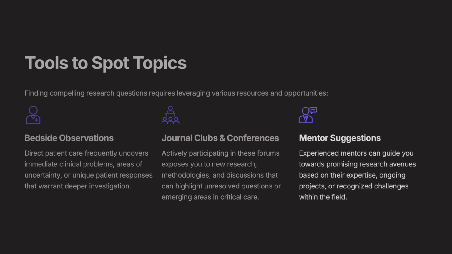Next is mentor suggestion. Every person should have a mentor, especially if you are at a junior level. So always go to your mentor with these ideas and discuss what could be the most promising area where you could be doing the research, because thinking something is totally different from actually doing it.